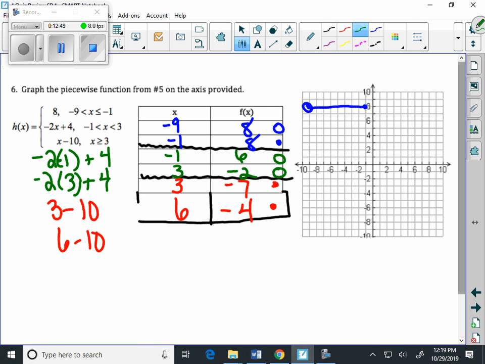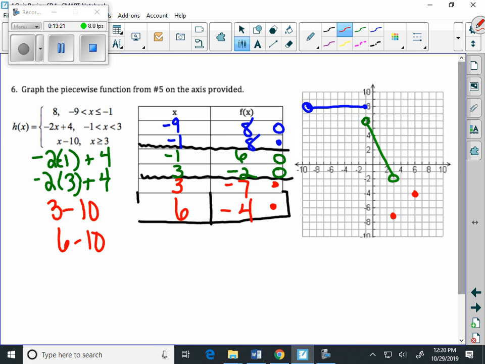Our second piece: negative 1, 2, open circle there. 3, negative 2, still an open circle. Here's our second piece. Our third piece: 3, negative 7, and it's a solid circle. And then 6, negative 4, still a solid circle.